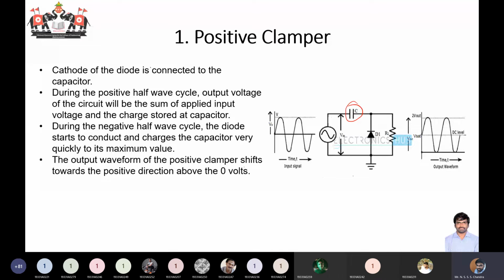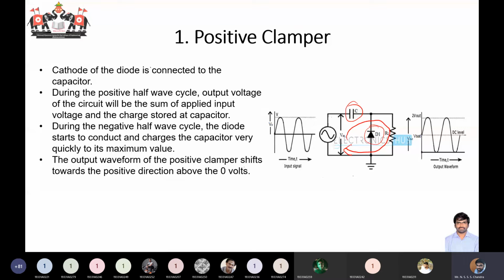What happens? Your capacitor is going to charge through the load. For the positive half cycle, diode D1 is in forward bias or reverse bias? Please tell me. Reverse bias, right? For the reverse bias, it will act like an open circuit, right? So diode D1 will be open, and the capacitor will charge through this loop.